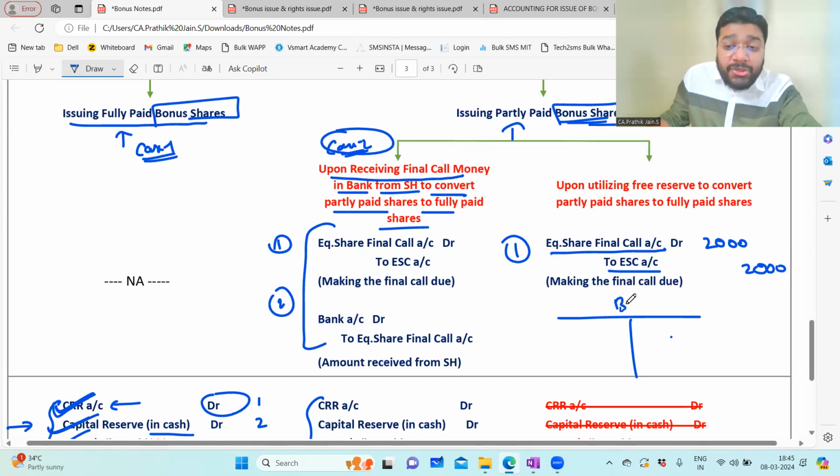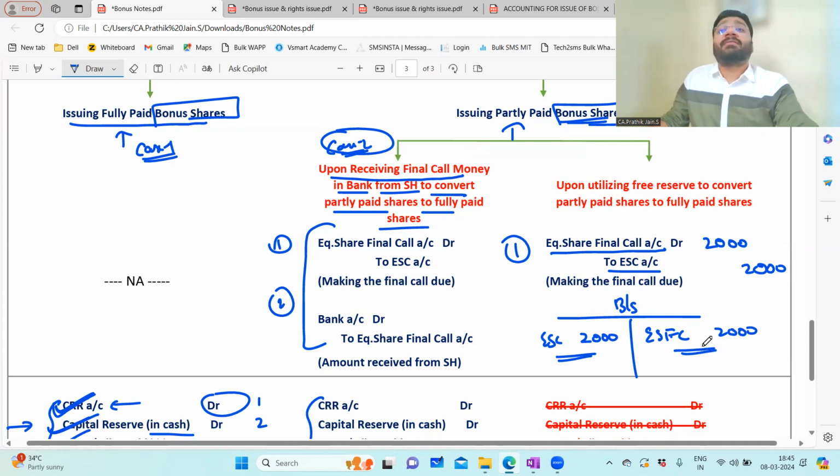In the balance sheet, equity share capital becomes 2,000 extra, and equity share final call will be plus 2,000. So this 2,000 gets added to the capital account, and this 2,000 rupees is an asset which I am expecting to receive in future. But if I record this amount in equity share final call account, who is under obligation to pay this 2,000 rupees? The shareholder.